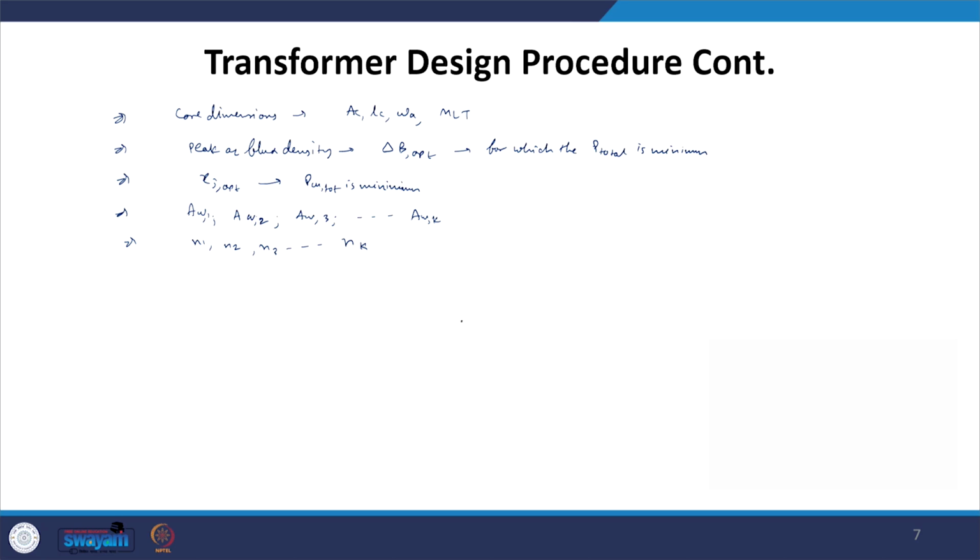So, using all these quantities, we have all the things with us, we can select the required wires, select the required core, purchase the corresponding bobbin, and then physically realize our transformer, and then put it in the converter in which it has to go, and do the required operation.